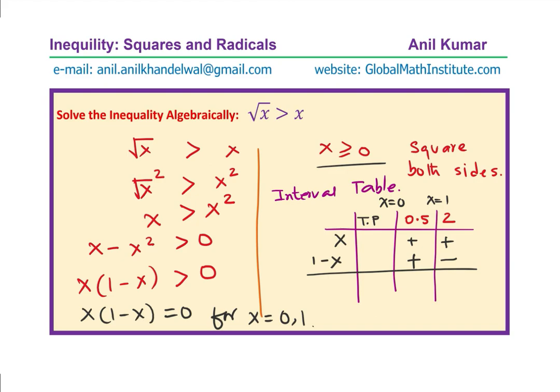And the product of these two, x times 1 minus x, will be positive when both are the same sign, correct? So that will be positive, and this is going to be negative. And clearly from the interval table, we can see that the required interval when square root of x is greater than x is between 0 and 1. So we get our answer that x is greater than 0 but less than 1.